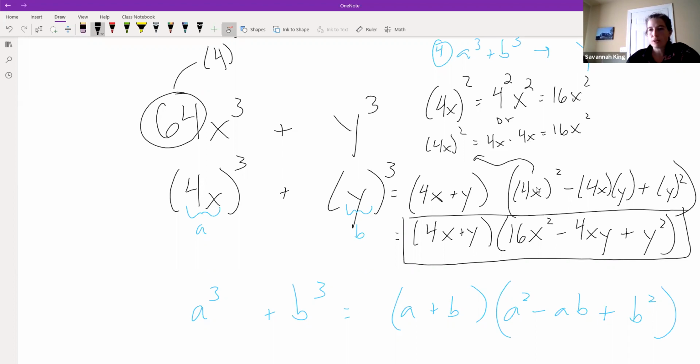And yeah, it's kind of weird because nothing else in the problem really requires that same level of thought. The 4xy there in the middle and the y squared at the end don't do the same thing.